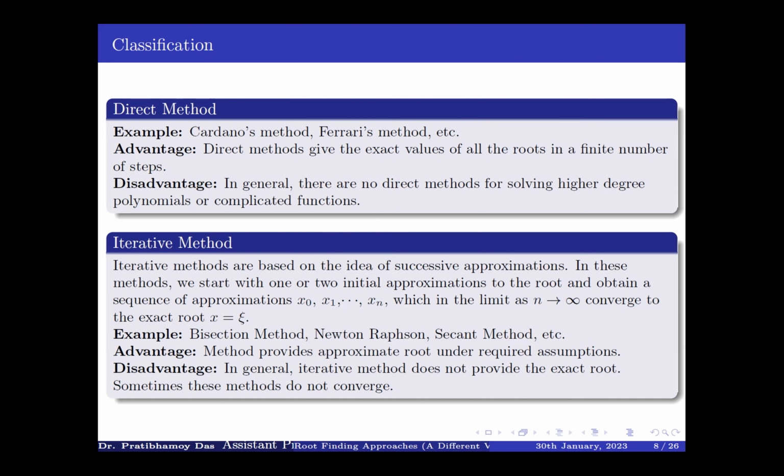There is a famous theorem, the Galois theorem, which says that for a fifth-order polynomial or higher, there is no direct method through which you can solve it. So there are no direct methods for higher-degree polynomials, but for degree less than or equal to 4 it is possible. This is the one takeaway.